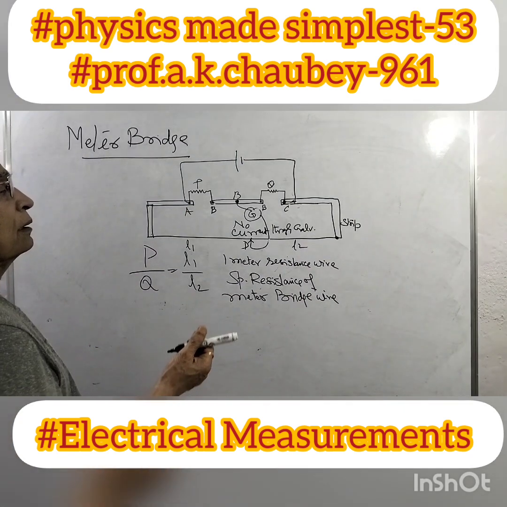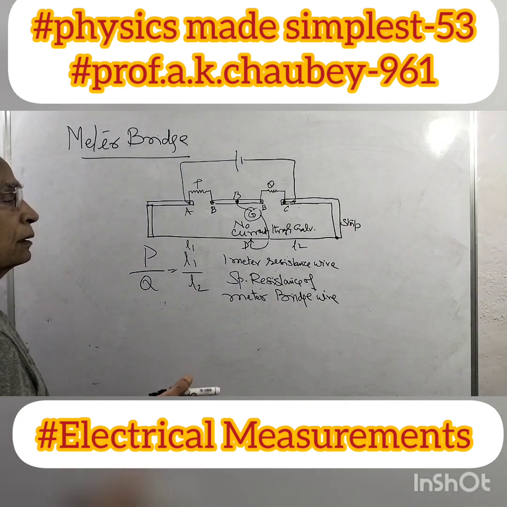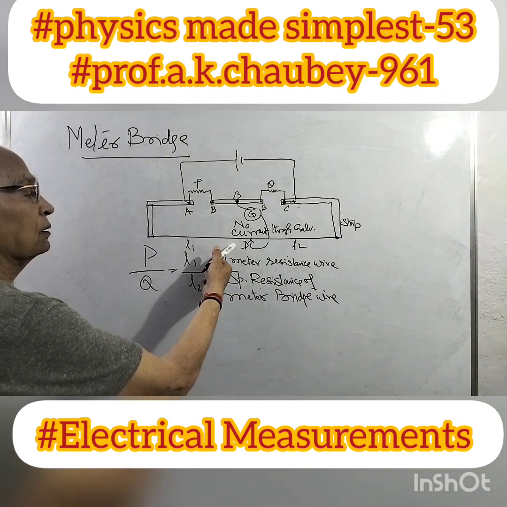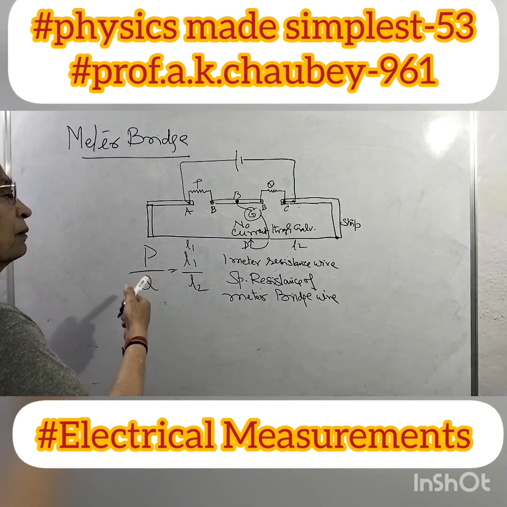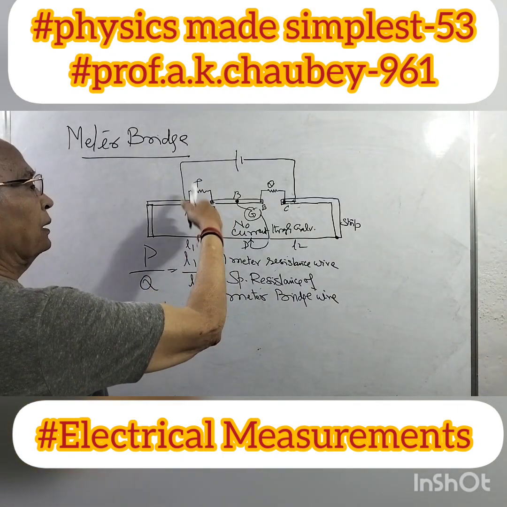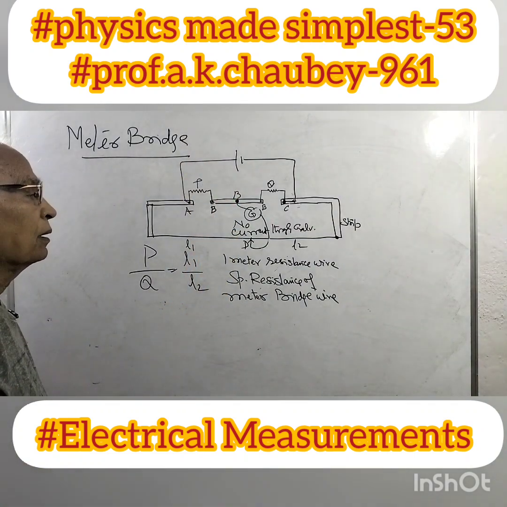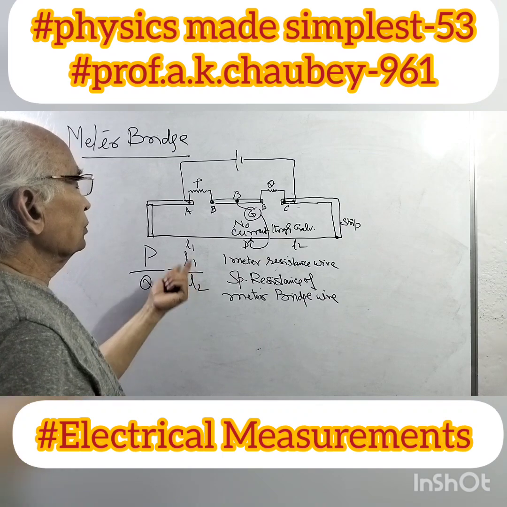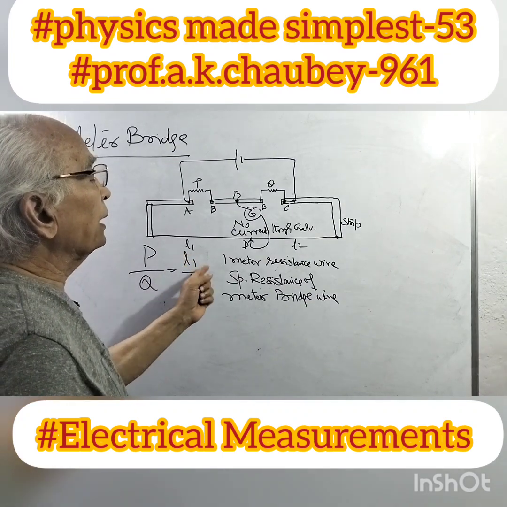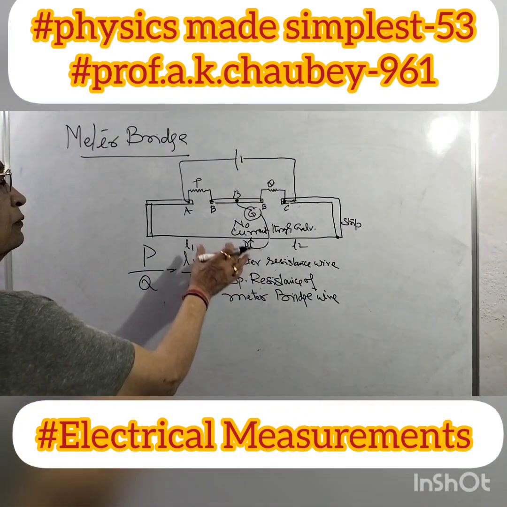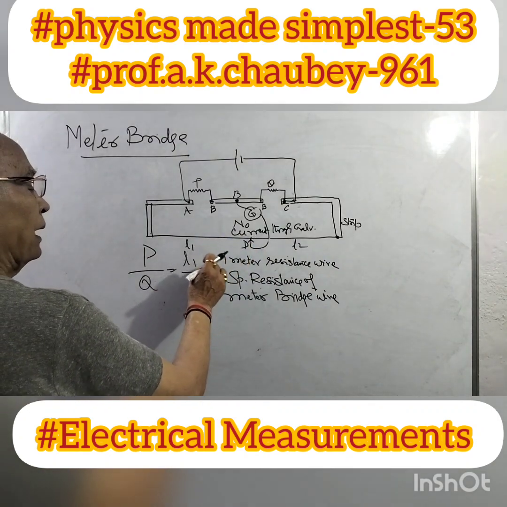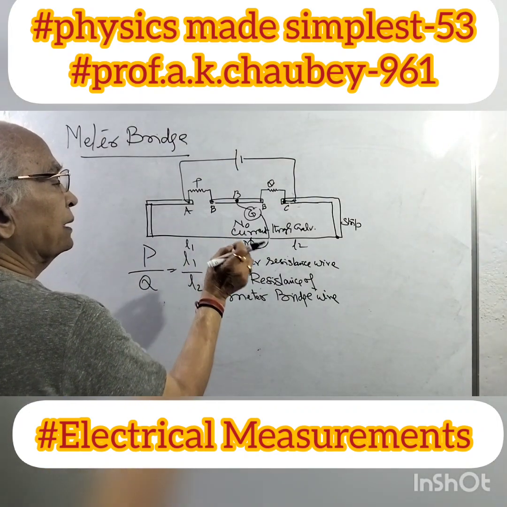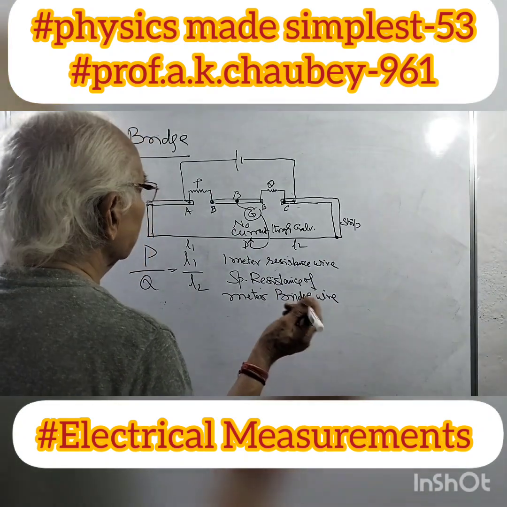So when we get resistance by this, and we repeat it 200 times, 1000 times, we get the resistance of this wire, because resistance is proportional to length. So the resistance of this wire is X into L1, where X is the resistance per unit length.